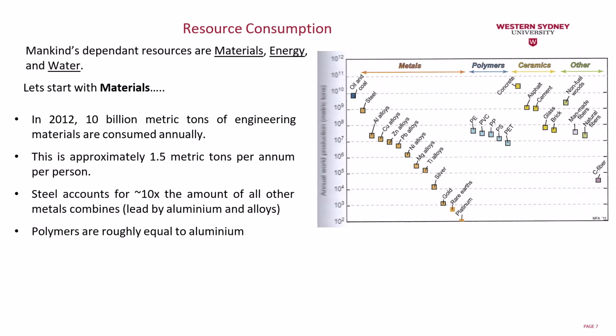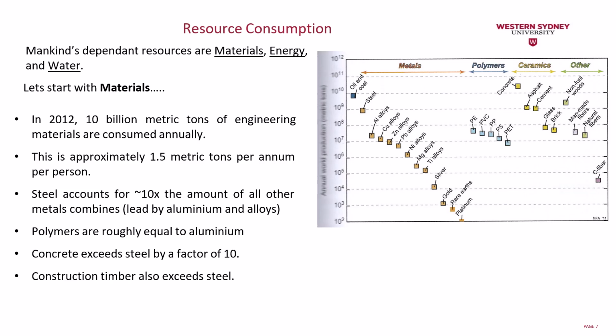Polymers are roughly equal to aluminum, and concrete exceeds steel by a factor of 10. Construction timber also exceeds steel. Glass and bricks are similar to aluminum and polymers in the amount of consumption.